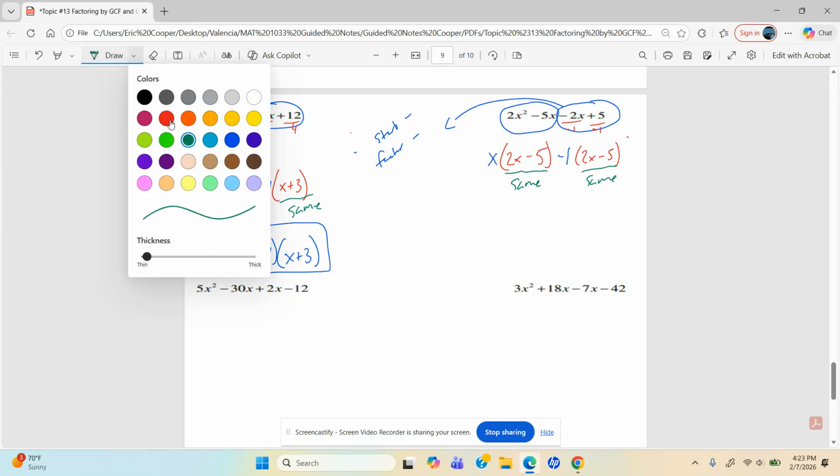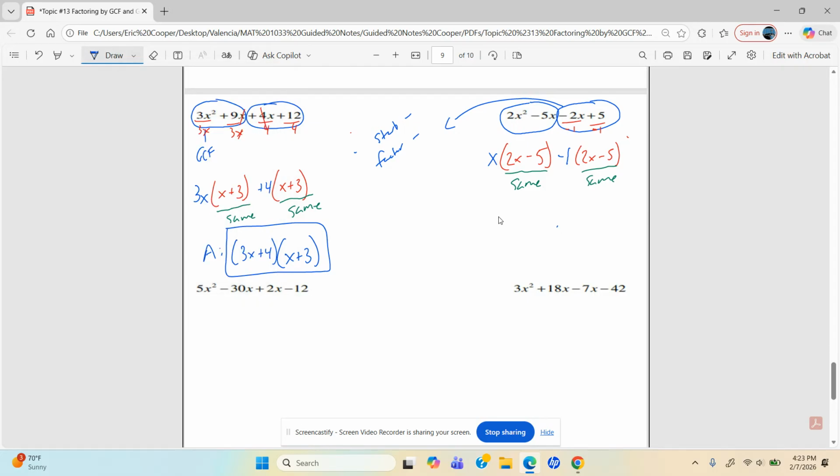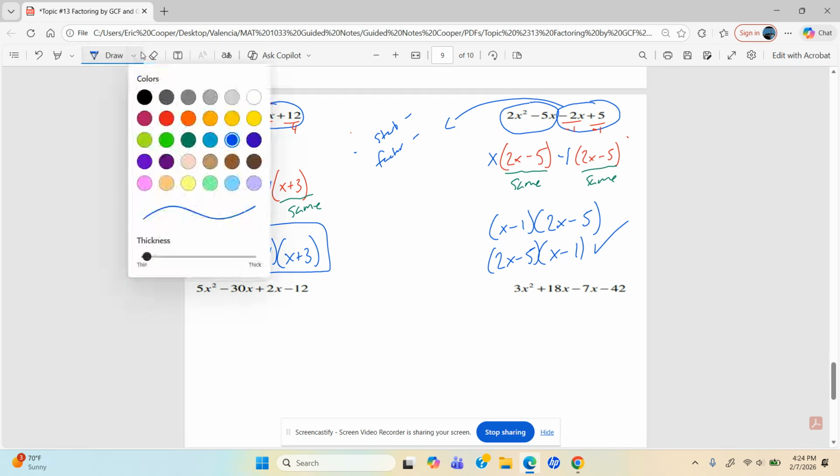So my final answer here would simply be x minus 1 from the two things that I factored out, 2x minus 5. I also want to note, if you wrote the 2x minus 5 first and the x minus 1 second, that is okay as well. It does not matter the order that you write the terms, as long as you group them and factor them out correctly.